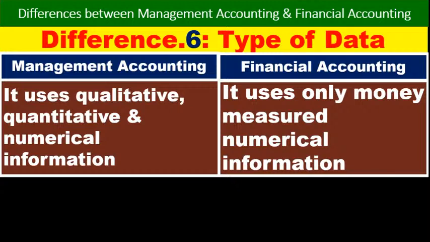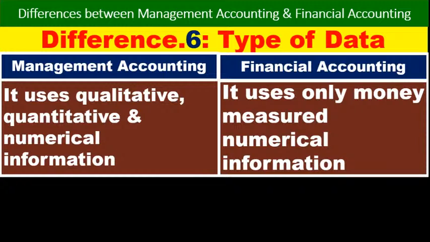Generally, when you want to prepare the balance sheet, you have to take all assets in numerical value, not in quantity. 2 furnitures, 2 chairs, 3 chairs, or 3 pens are not written in financial accounting. The value of an asset is measured in the form of money, and liabilities are also written in the form of money.